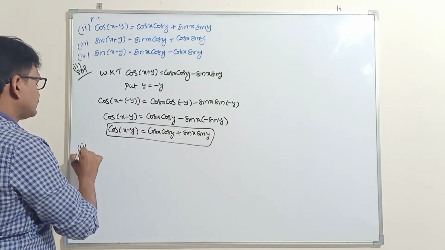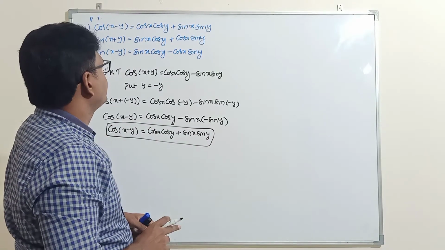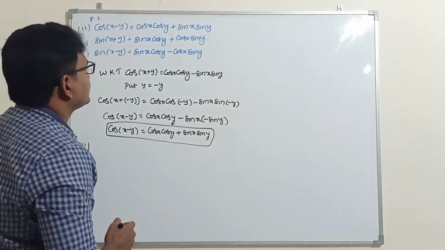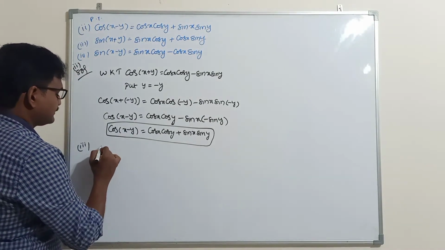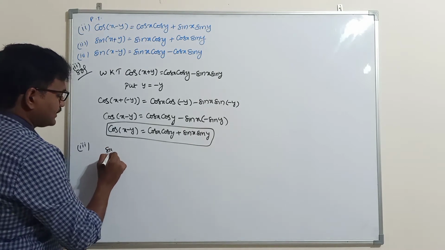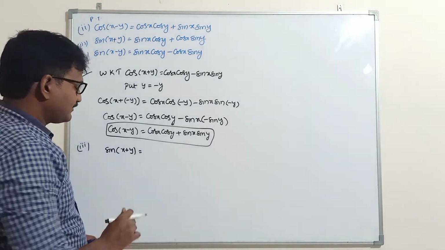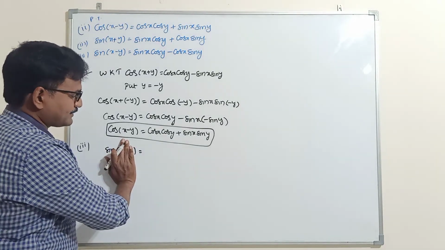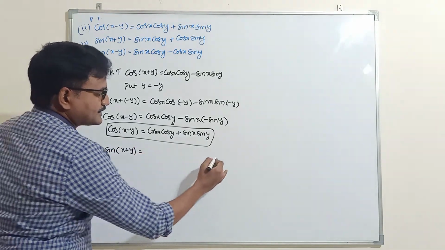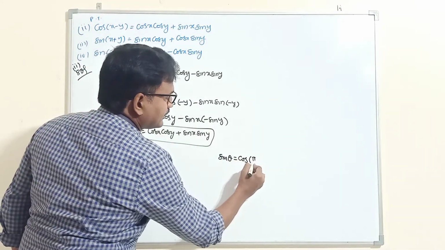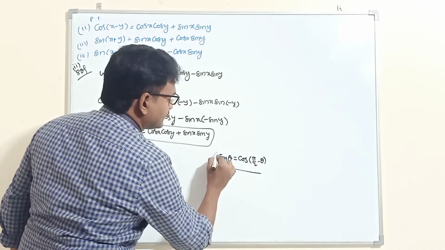Similarly, third question: prove that sin of x plus y is equal to sin x cos y plus cos x sin y. How to prove: consider LHS, sin of x plus y. Assume this x plus y as theta. We know that sin theta is equal to cos of 90 minus theta.